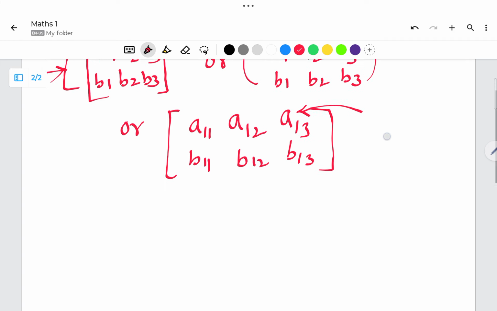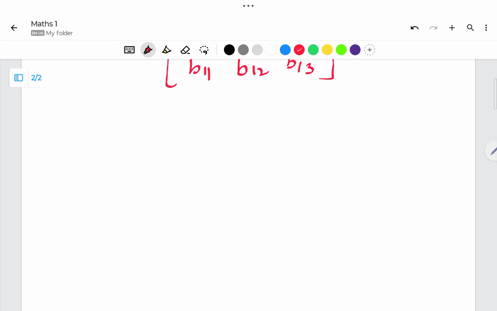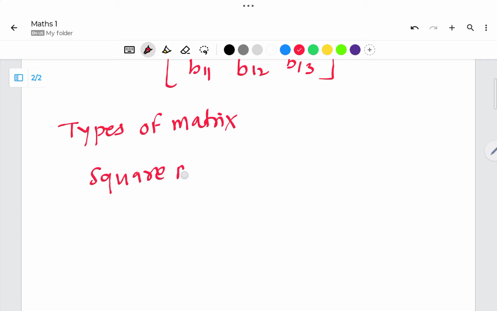So what are the different types of matrix available? Let me tell you, a matrix can be of different types. Types of the matrix. First, the square matrix.